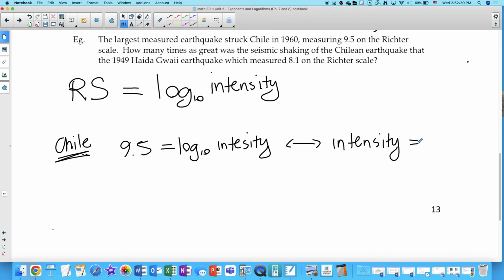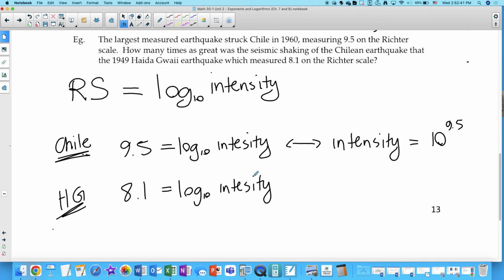Okay. In Haida Gwaii, that's 8.1 is equal to log base 10 of the intensity. I'm actually going to label this as intensity C, and this is HD. If we switch forms here, the intensity for Haida Gwaii is 10 to the 8.1.